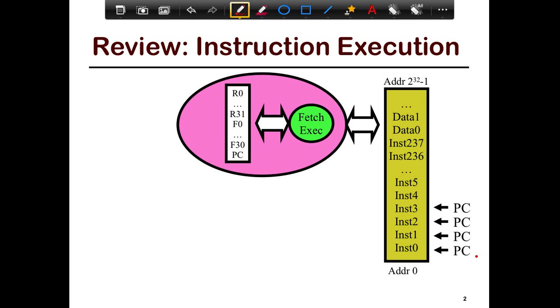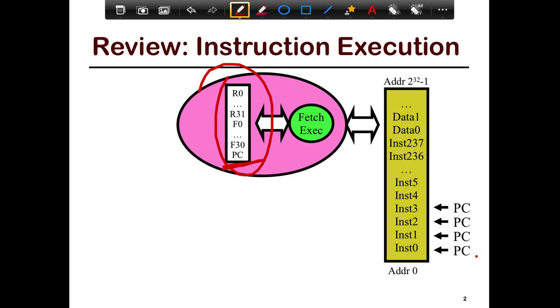So a little bit of computer architecture 101. In general, processors have registers. These registers are your primary state in your program. Pay particular attention to this one called the PC.